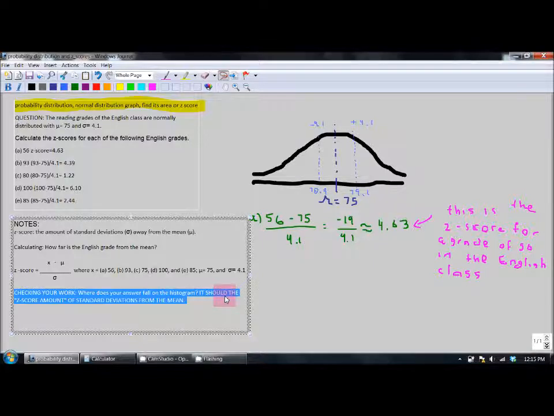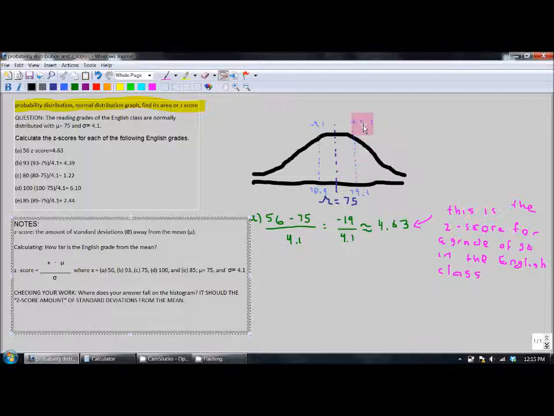So remember that our standard deviation is 4.1, a distance of 4.1. So it's either 4.1 in this positive direction, or 4.1 in this negative direction, right? And your score should fall however many standard deviations away from the mean.